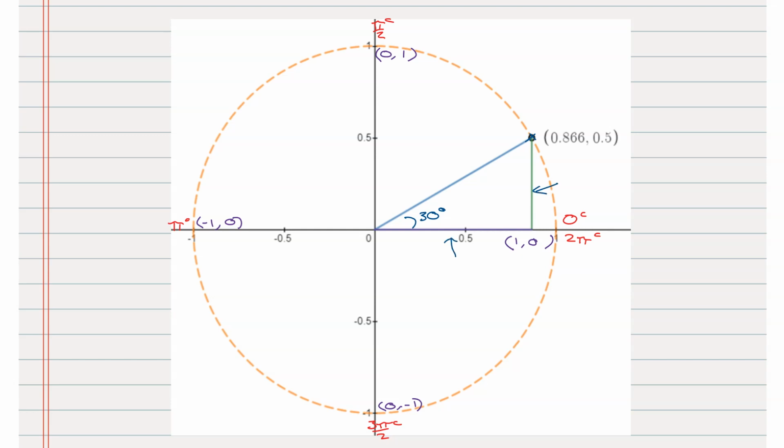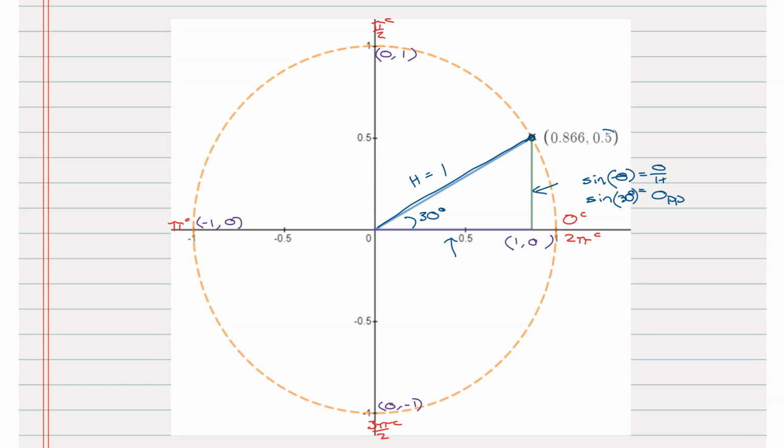This green side represents the opposite side. We can say sine theta equals the opposite over the hypotenuse, and because it's a unit circle, the hypotenuse is equal to 1. So substituting in 30 degrees, it becomes the opposite over simply 1.